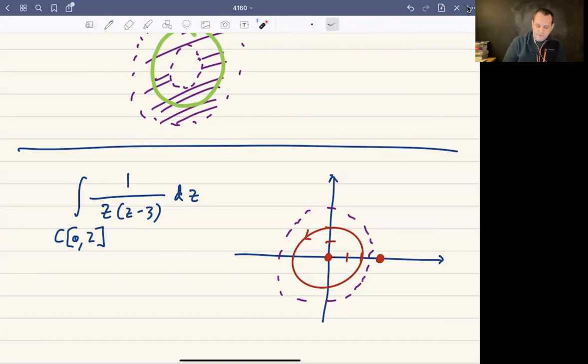The point is that we found an open set G that contains our curve gamma that excludes one of the trouble points. And what that means is that for this particular function, we don't have to worry about what happens at 3. And so all we really have to worry about is this curve here.